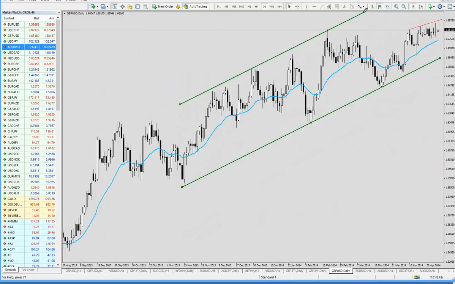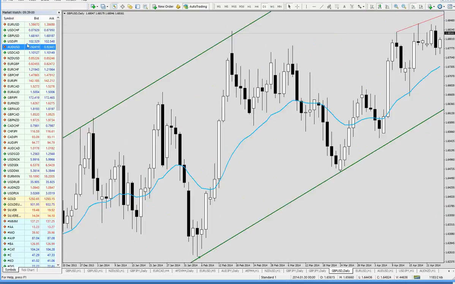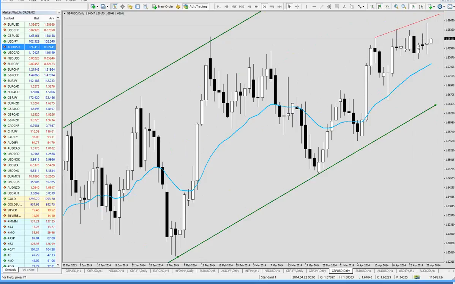Okay, so because of course we can easily catch the momentum hitting some stops and pushing prices higher. No doubt about it.